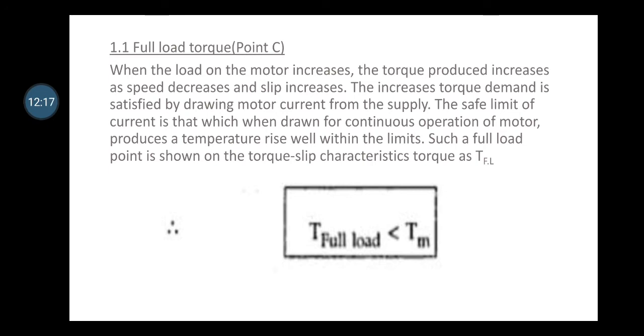Such a full load point is shown on the torque slip characteristic as TFL, as shown in the last slide. In that figure, there is the point C, at which the motor operates on the full load torque. That's why the full load torque is less than Tm.